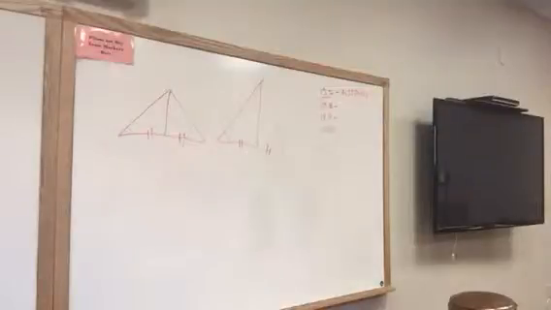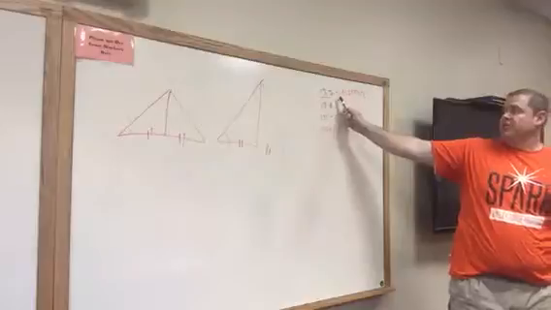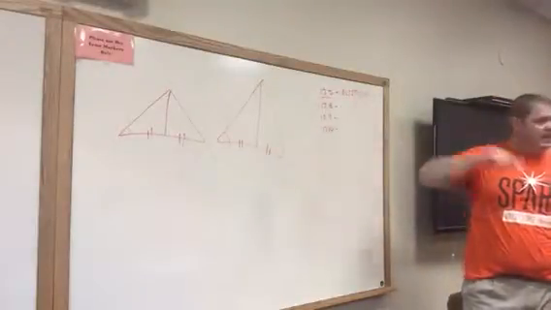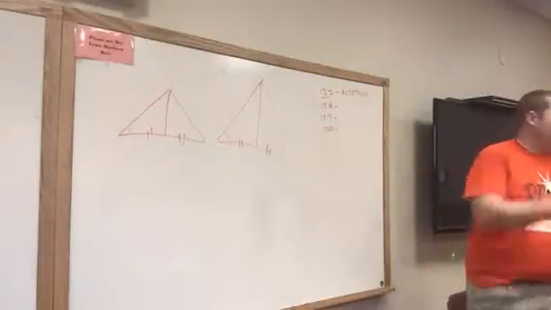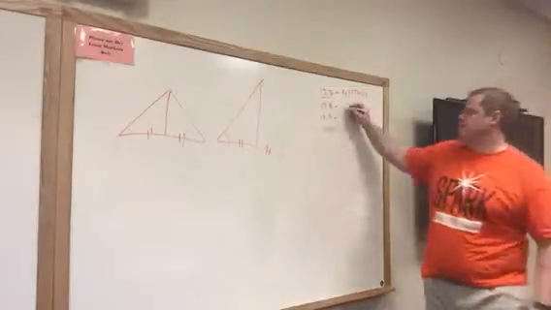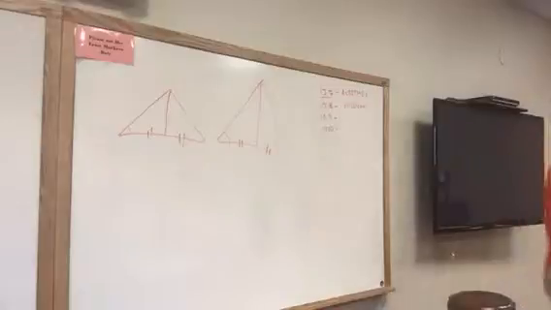Use your star stuff. All right, so listen. 13.7. If the sides are proportional, the altitudes are proportional. 13.8. If the sides are proportional, then the medians are proportional. Okay?